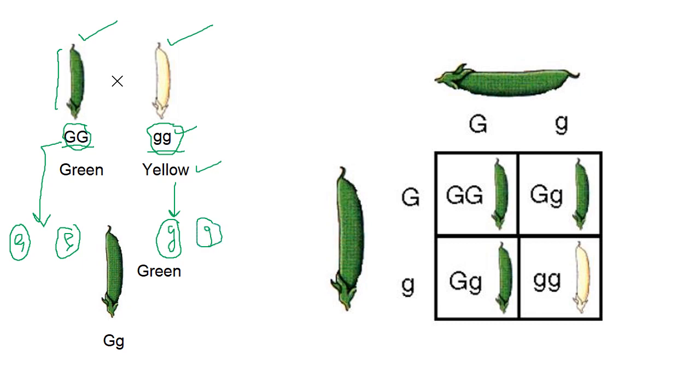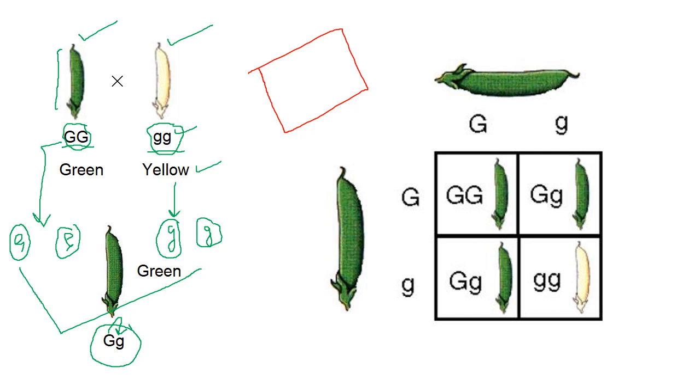As in the previous slide, where the trait was the height of the plant, here again all the plants will be green because capital G is dominant over small g. Again, if we cross them, you can cross them like this.